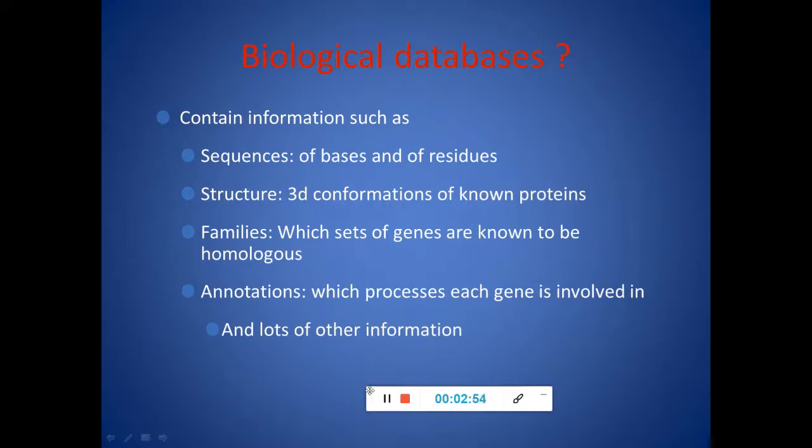Like one-dimensional alignment means the amino acid sequences of a particular protein, the two-dimensional structure of the protein, the three-dimensional structure of the protein. Coming to nucleotides, what are the genes which are being present in it? Are the genes being found to be homologous or heterologous? And in the gene, which process it has been involved in? And what are the regulatory elements of those particular genes? All these informations can be stored in a normal biological database.